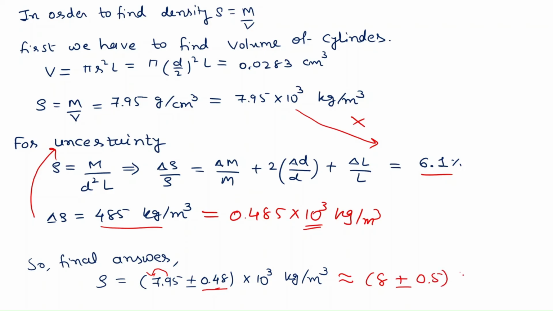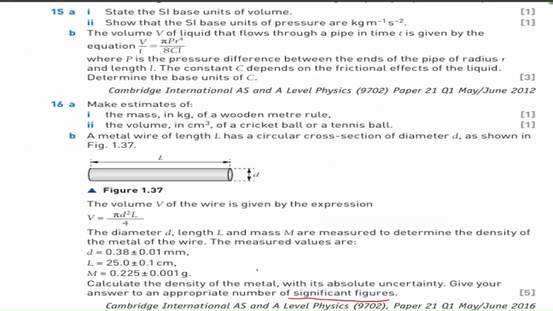This is 5 into 10 to the power 3 kilogram per meter cube. This is a significant answer, we can say. This is all about question number 16b. And now we go on to question number 17.